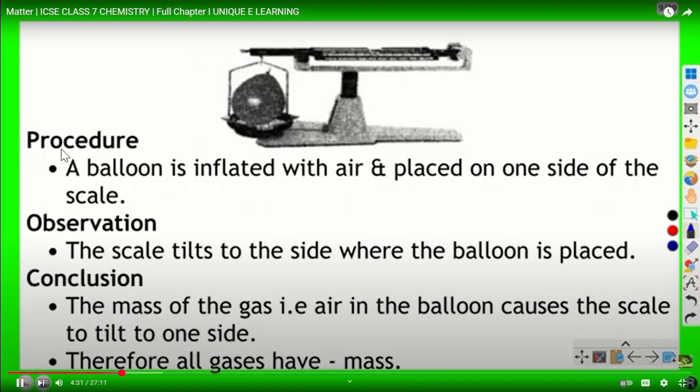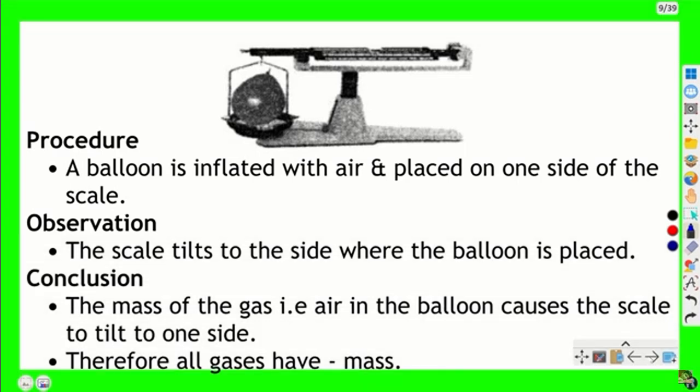Procedure: a balloon is inflated with air and placed on one side of the scale. The observation is that the scale tilts to the side where the balloon is placed. The mass of the gas, i.e., the air in the balloon, causes the scale to tilt to one side.